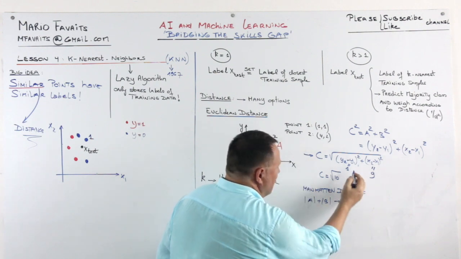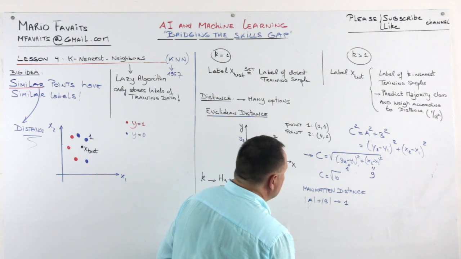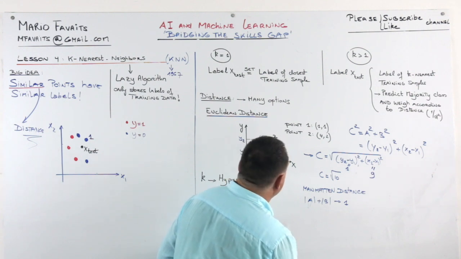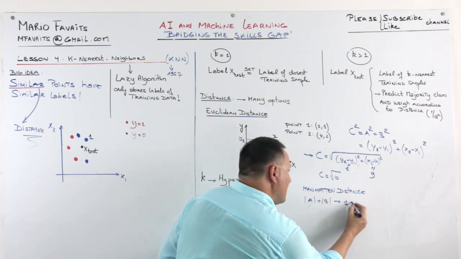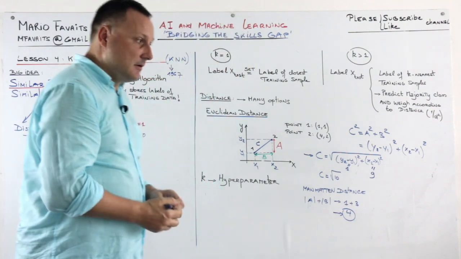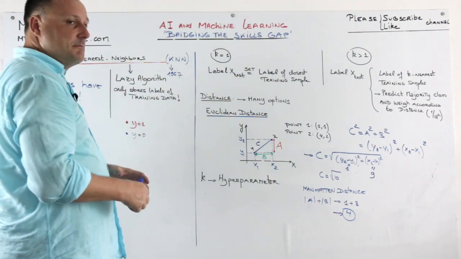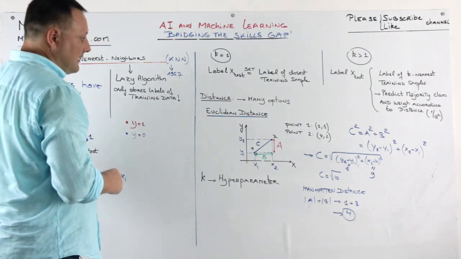So a equals 1, and b equals 3. So the Manhattan distance in this case is 4. So that's how we deal with the metric distance.